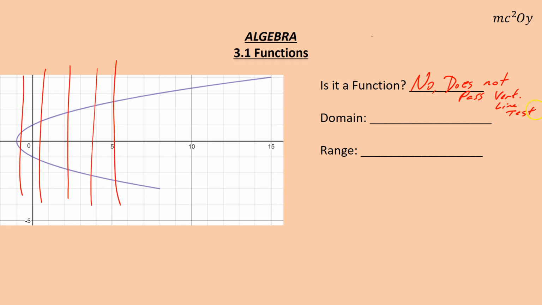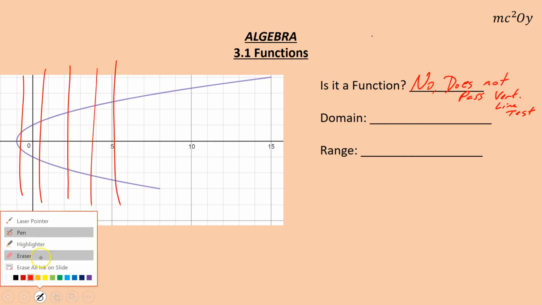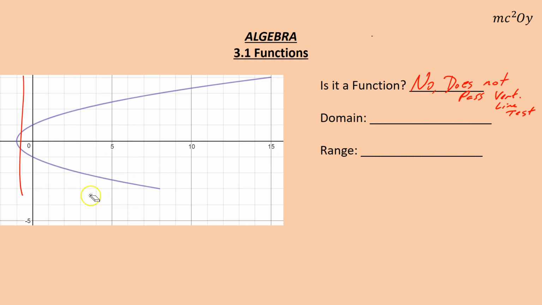Okay. And then when we look at our domain, let's go ahead and erase those there.